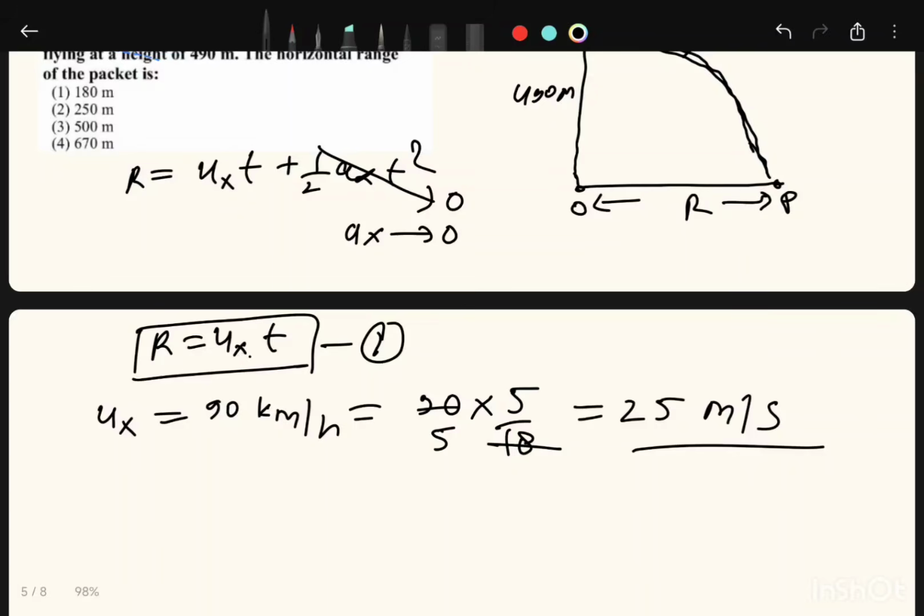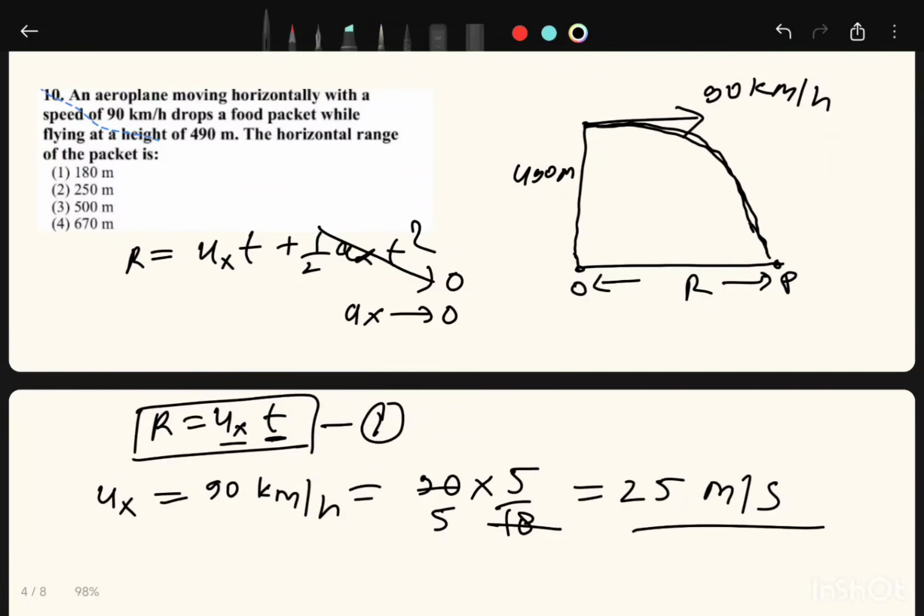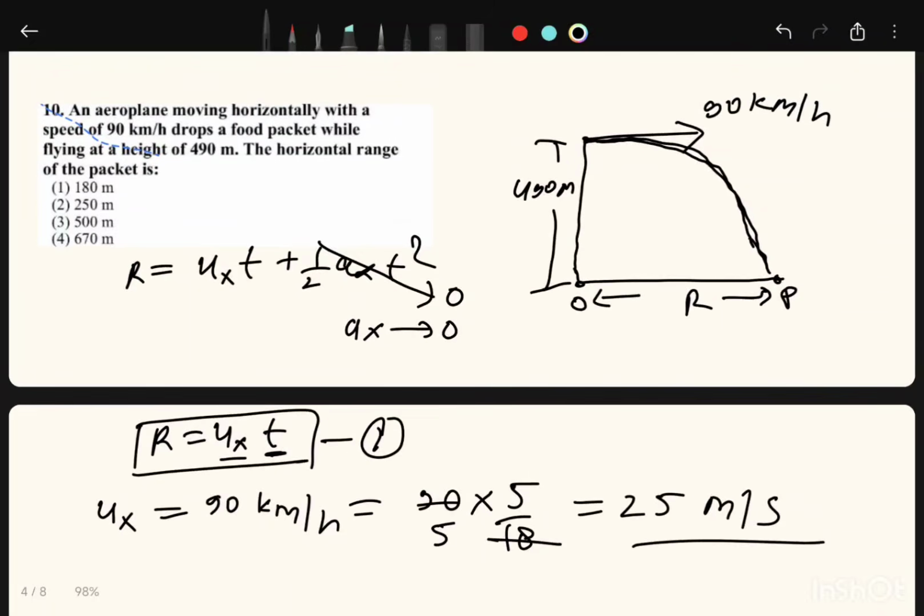Now we have this velocity, but we need the total time it will take during its flight. So what other information is given in the question? That is this height, which means we know the vertical displacement.